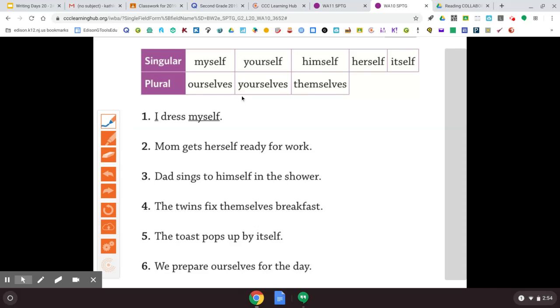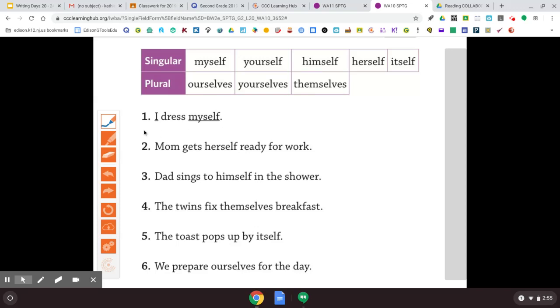So if you see our chart up here, we have myself, yourself, himself, herself, itself, ourselves, yourselves, and themselves. They all end with either the word self or selves.